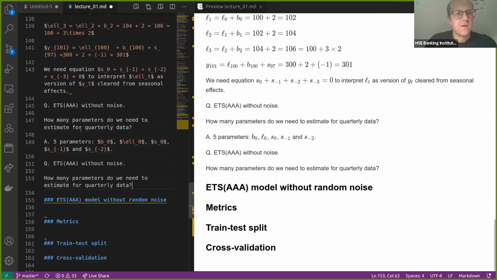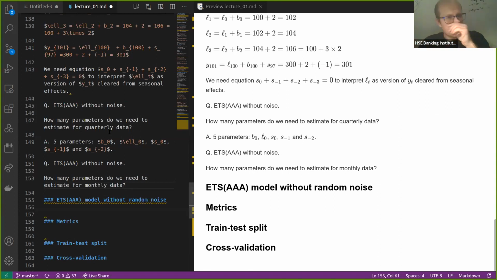So what will change for monthly data in our setup? Yeah, exactly. We will have L0, B0 as before. We will have 11, not 12 seasonal initial values. So we have 13 parameters in total.